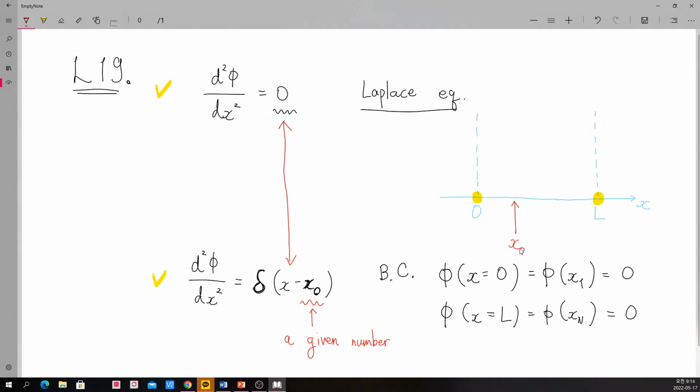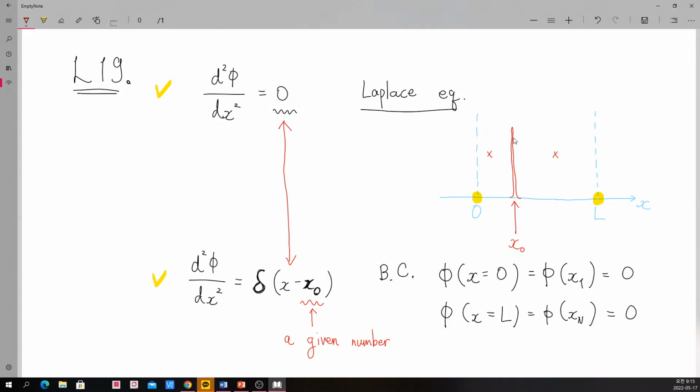This is given in a certain way. Then although at any other place we have no source, at x equal to x naught we have a highly concentrated source. Yes, that is our case.